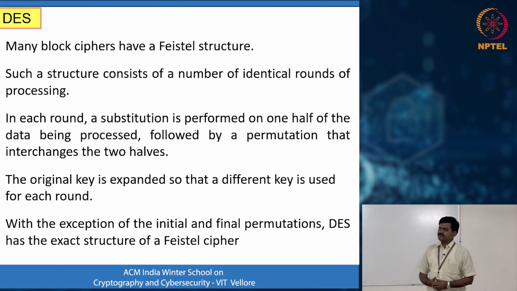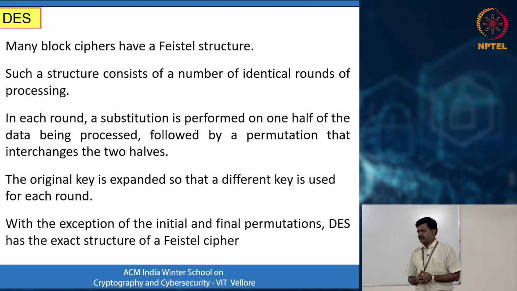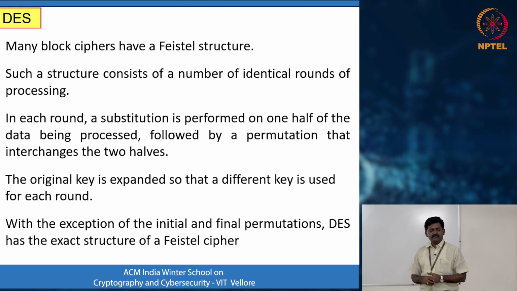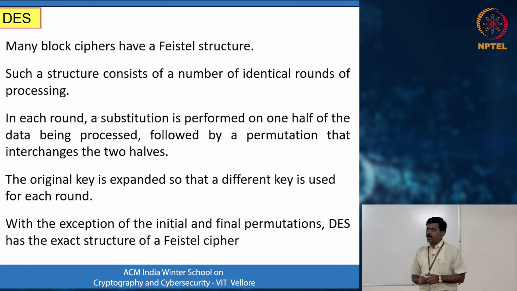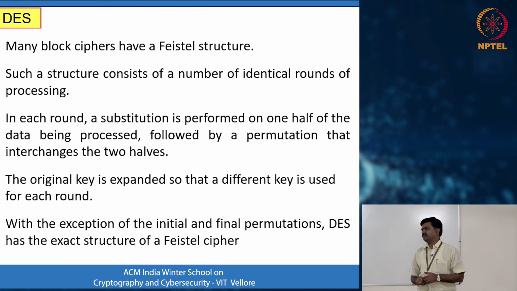So my suggestion is, go back and then check. William Stallings is the best source if you want to understand, or Forouzan, or the other day madam was mentioning Jonathan Katz. There are n varieties of books.